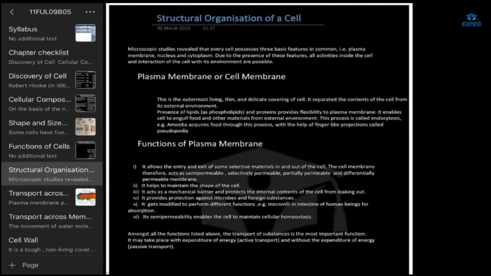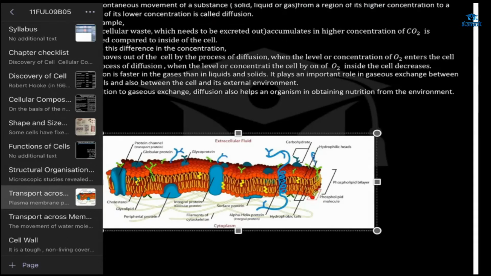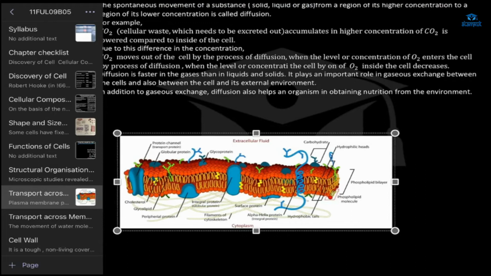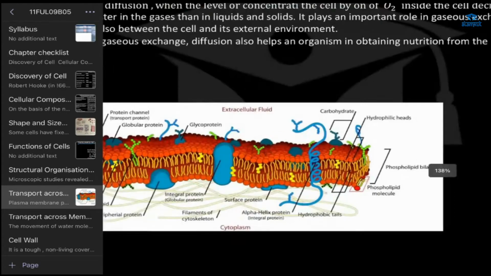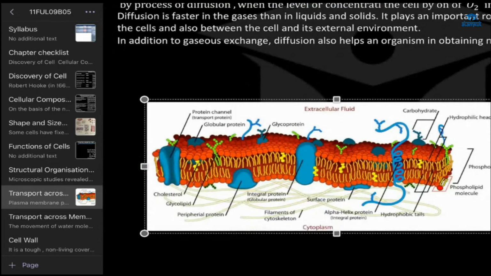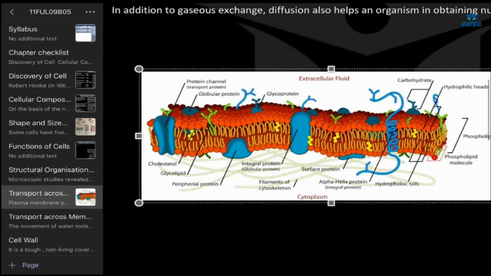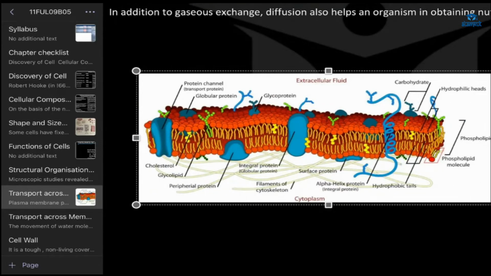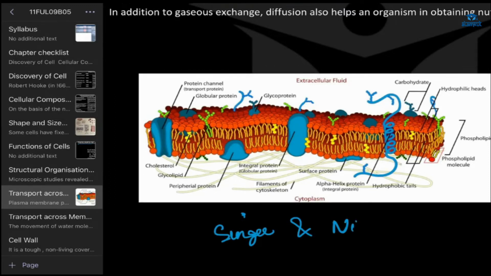Now we have the plasma membrane. Last time I taught you about the plasma membrane, right? We can go in depth about it. How does it look? It looks like this. This is the fluid mosaic model of the plasma membrane, and this is the most famous model. It was given by Singer and Nicolson.